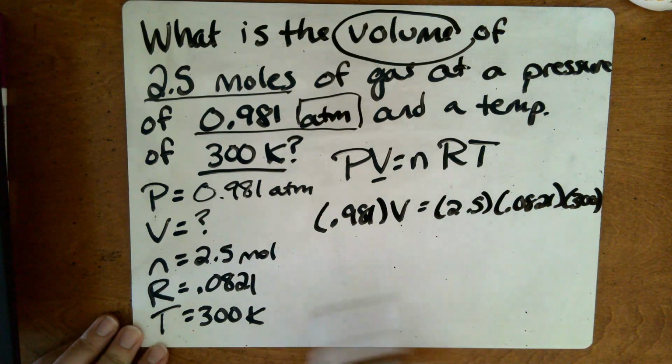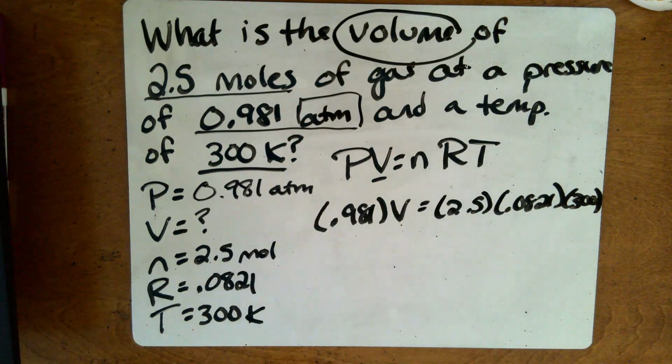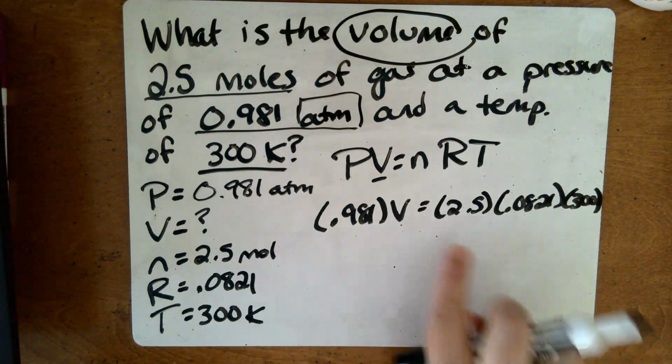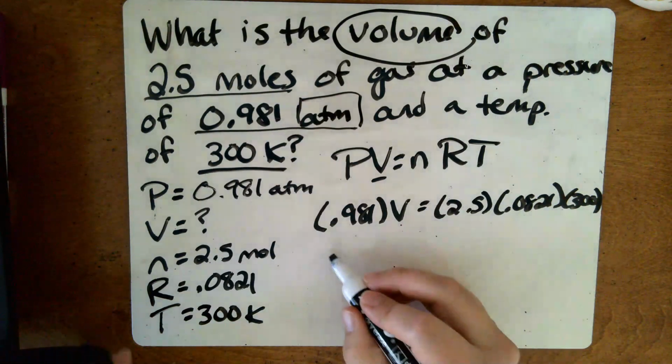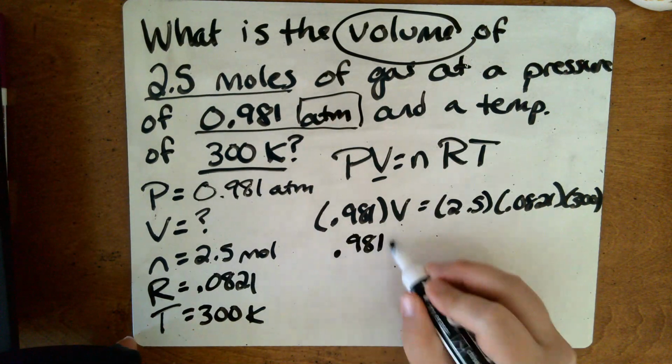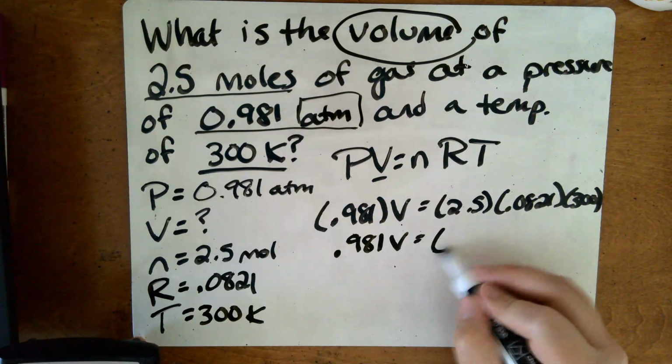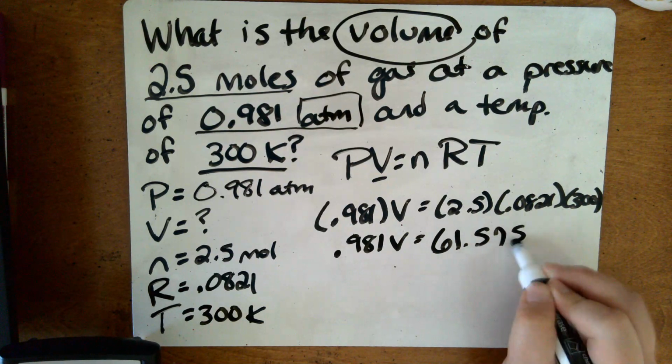Normally I would put the units in, but I'm going to be honest, I just don't have room on this whiteboard. So then I can solve the problem. I'm going to simplify by multiplying over here: 2.5 times 0.0821 times 300. So I get 0.981 times V equals 61.575.